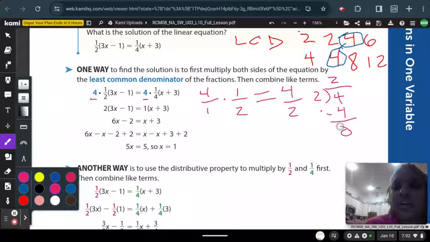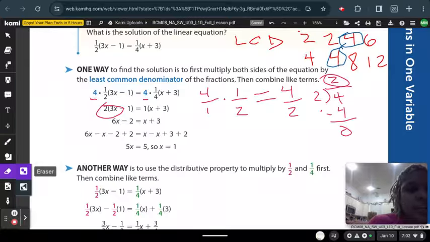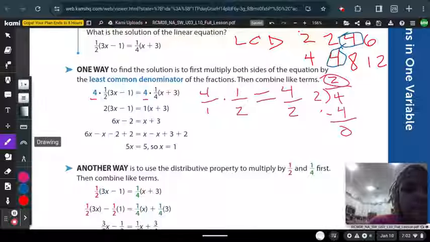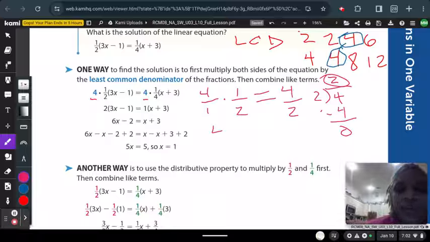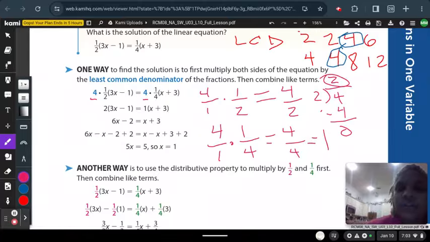So this is how they get this number 2 on the outside. They want to do the same thing with the other fraction. If I place 4 over 1 and multiply by 1/4, I get 4 over 4, which equals 1, which is how they get this number here.